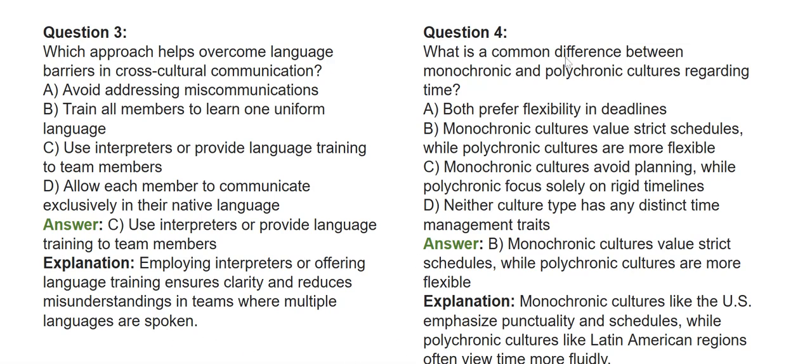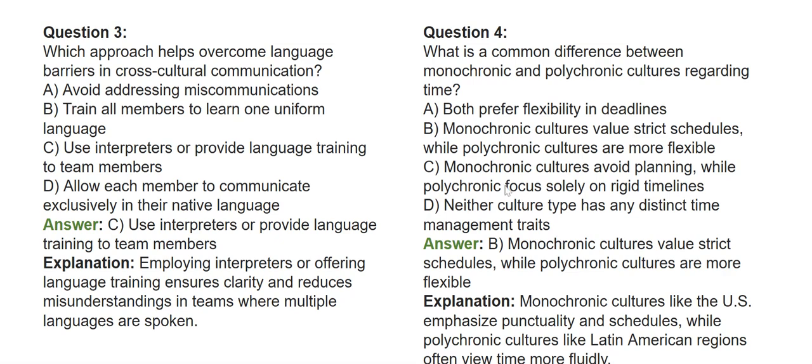Question four. What is a common difference between monochronic and polychronic cultures regarding time? A. Both prefer flexibility in deadlines. B. Monochronic cultures value strict schedules, while polychronic cultures are more flexible. C. Monochronic cultures avoid planning, while polychronic focus solely on rigid timelines. D. Neither culture type has any distinct time management traits.